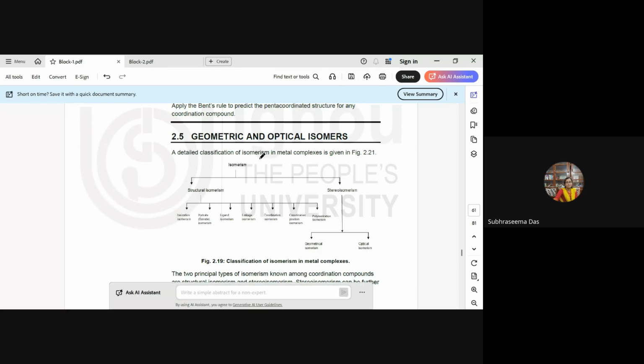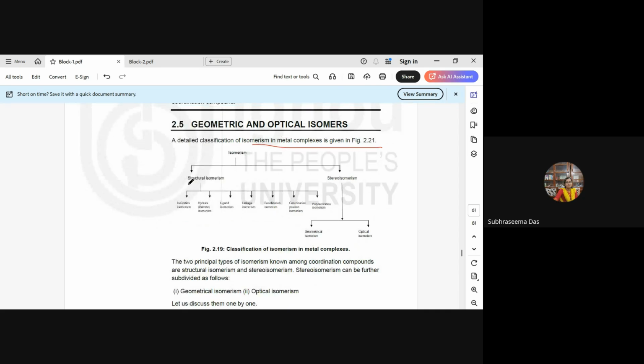A classification of the different types of isomerism in metal complexes is shown in this figure. Isomerism has broadly been classified into two types: structural isomerism and stereoisomerism.